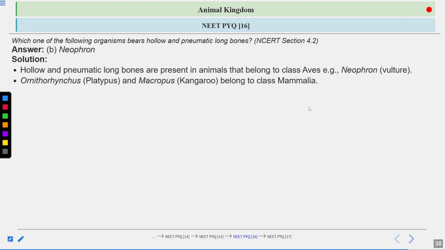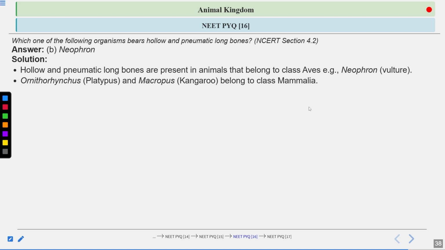Ornithorhynchus, duckbill platypus, and Macropus, kangaroo, these are both mammals. The duckbill platypus lays eggs. A mammal that lays eggs is an exception. Macropus, kangaroo, they are marsupials.